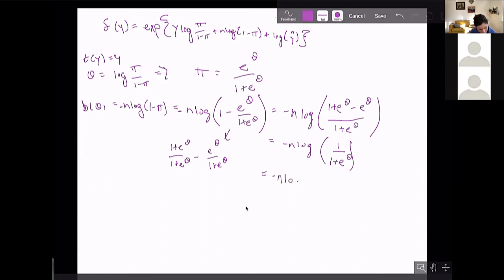And you get minus n log 1 plus n log of 1 plus e to the theta. And so what does that equal? Wait, I think I'm one step behind you.